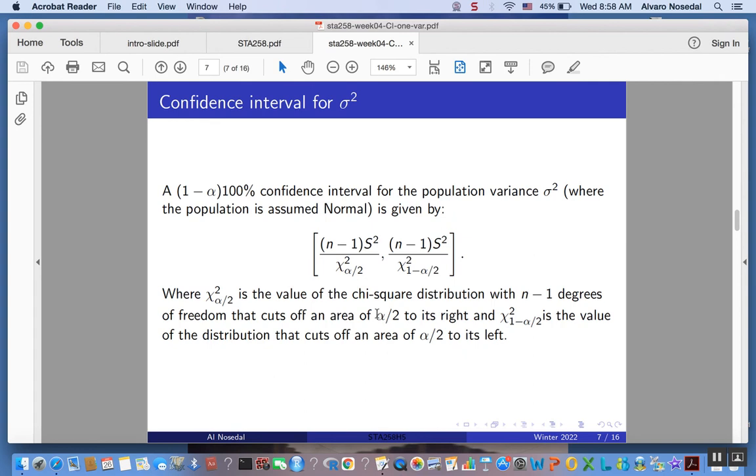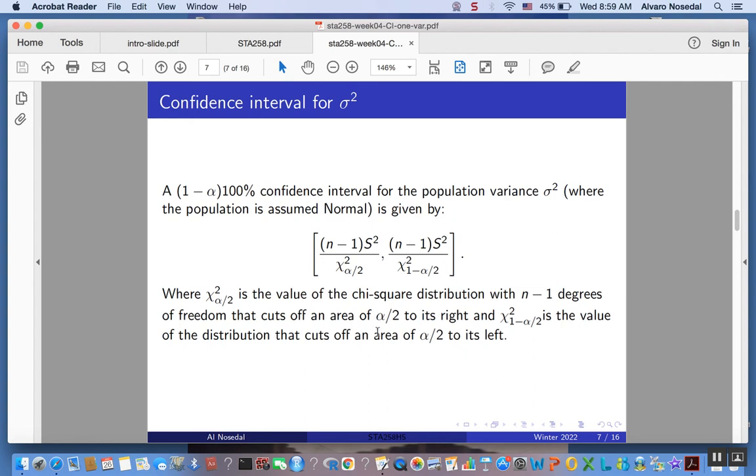Now, really important, and you saw that from the derivation that we did together, the assumption that those observations come from a normal is really important, because then we get to use theorem 7.3 that tells us that the distribution of n minus 1 times s squared divided by sigma squared is chi-square with n minus 1 degrees of freedom.